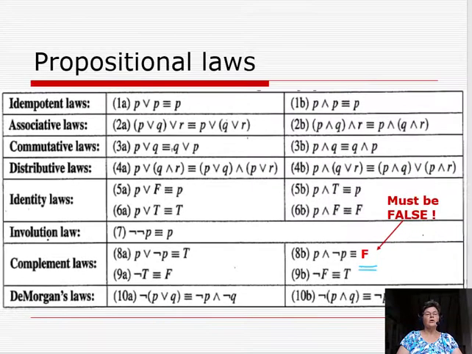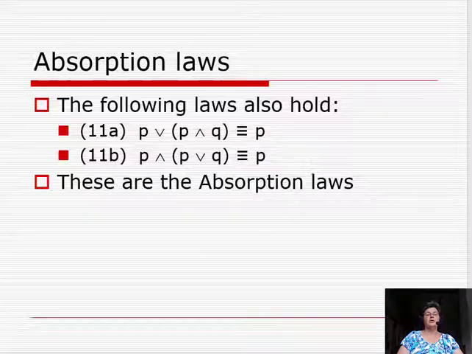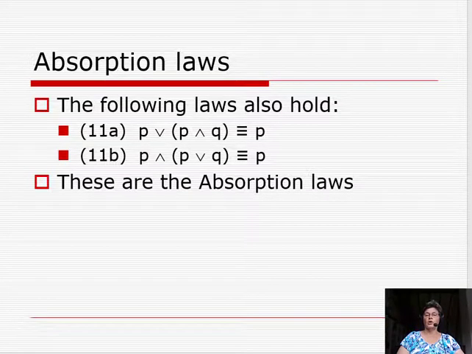Then the last law I'd like to discuss with you is the absorption law. And the absorption law you can remember best if we look at set theory. So again we can translate, let's do the first one, with a set visualization.